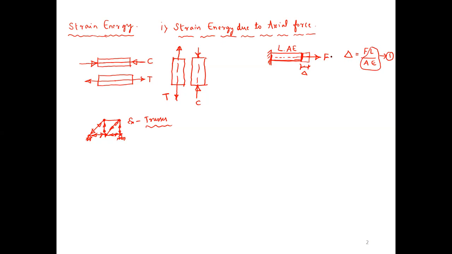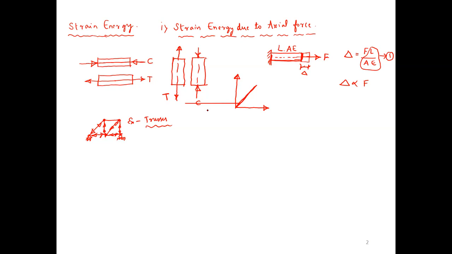L is the same, area is the same, Young's modulus is the same. Therefore, taking a constant of proportionality, delta is proportional to F. What does it imply? If you plot a graph of delta versus F, the graph is linear.